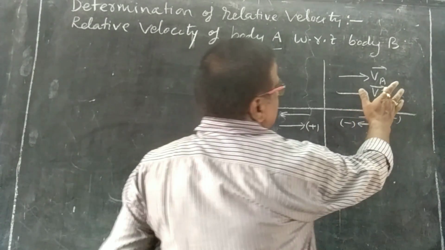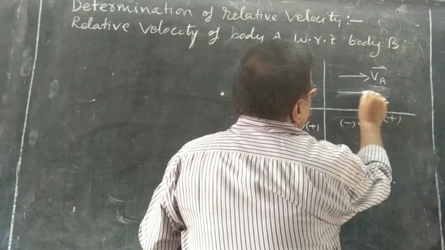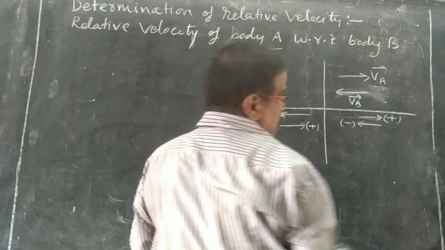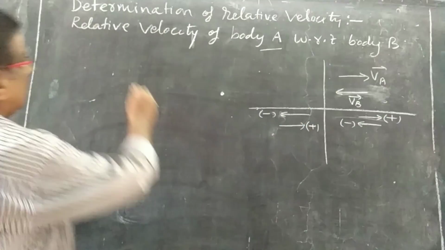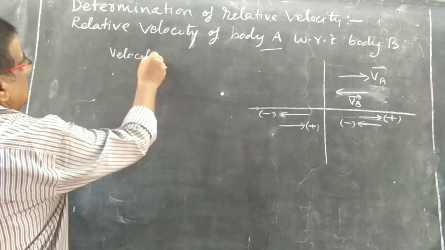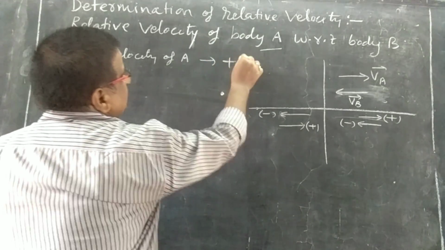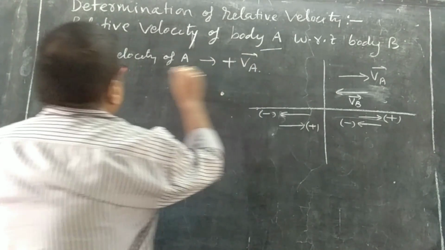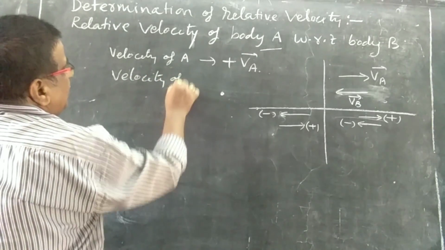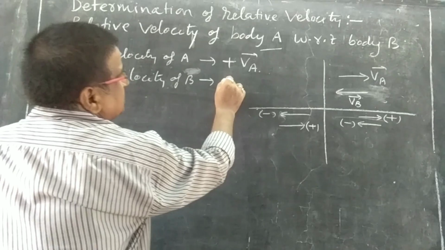Now change the situation. VB is not moving in the same direction. VB is moving along this direction. So here velocity of A is plus VA, and velocity of body B is minus VB.